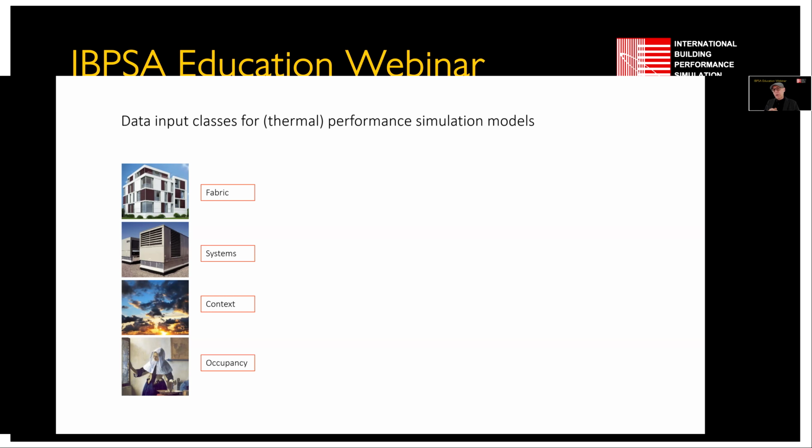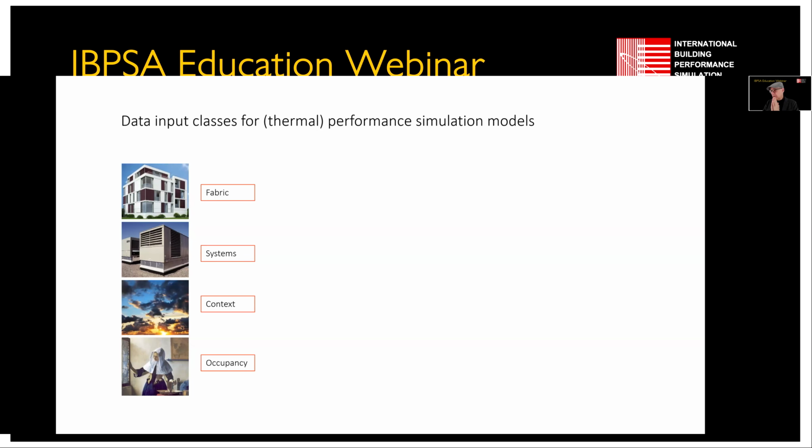A third stream is the contextual information, most prominently the weather and climatic conditions, but we also increasingly have to address the urban settings and site conditions. So these are external conditions.